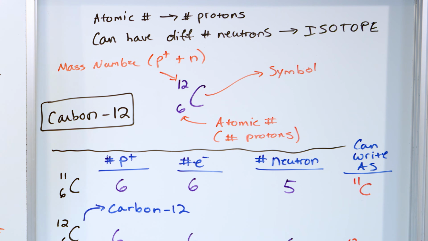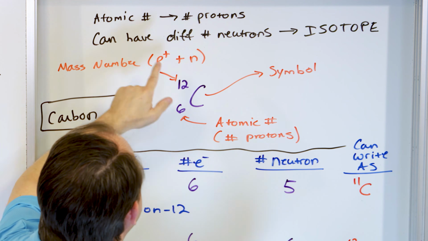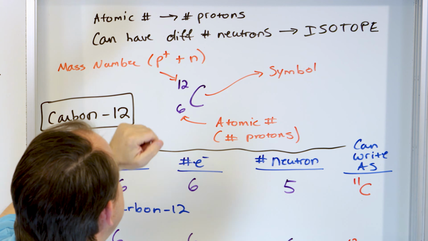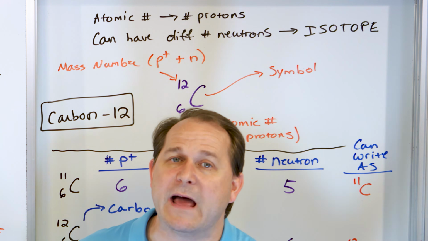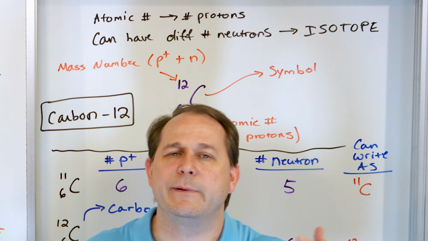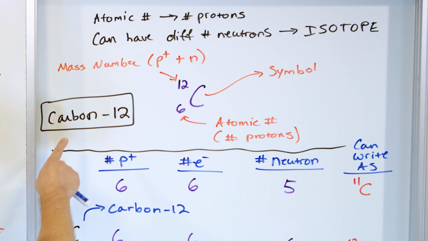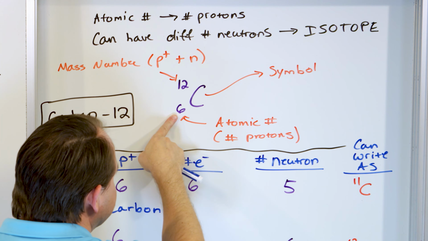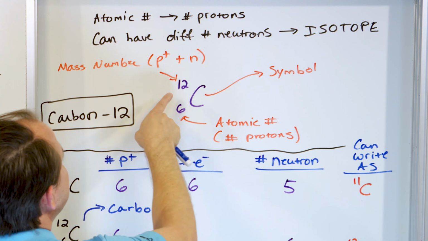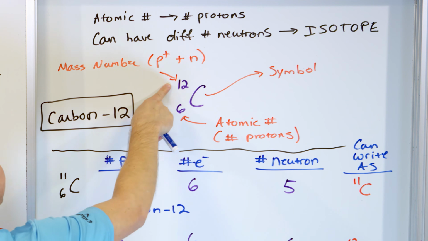And then we said we can have the atomic number, that's the number of protons. The electrons are going to balance that, but we can have a different amount of neutrons and have the same element, because what element you have is governed by the number of protons you have, right? So for instance, carbon-12 has 6 protons, and therefore 6 electrons, and it has 6 neutrons, and when you add the protons and the neutrons, you get something called the mass number.